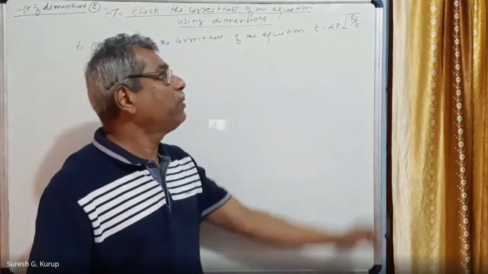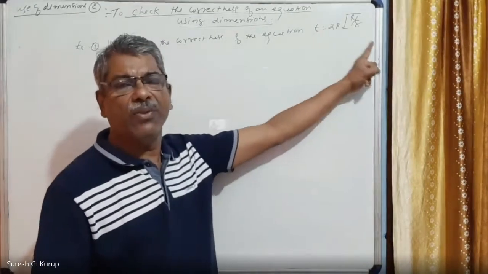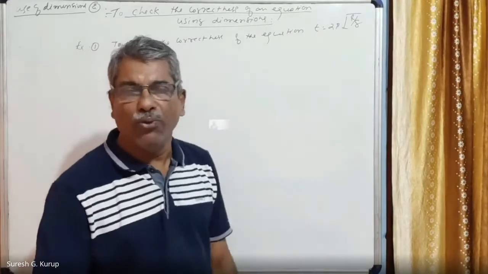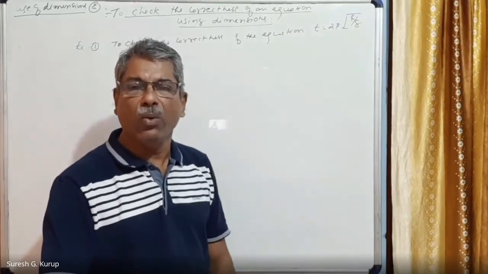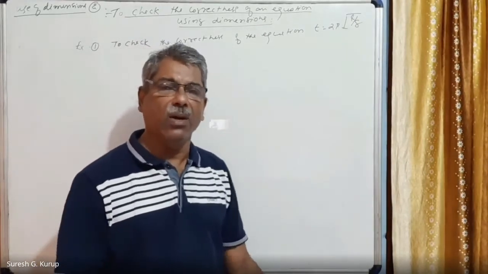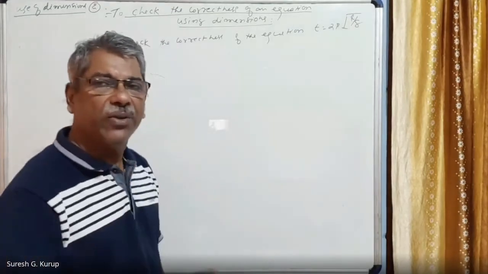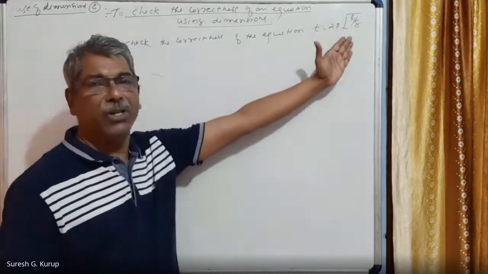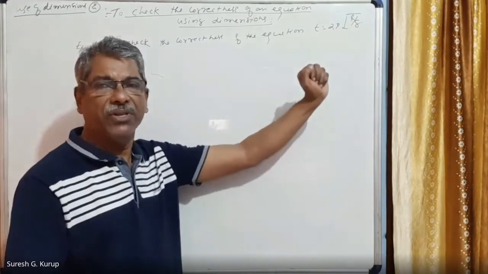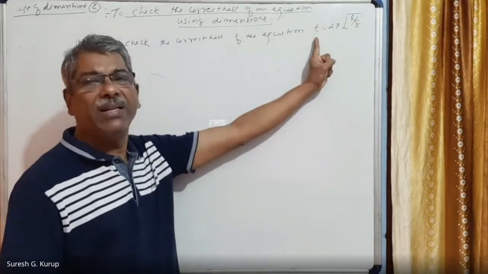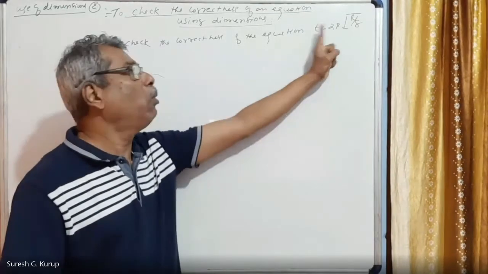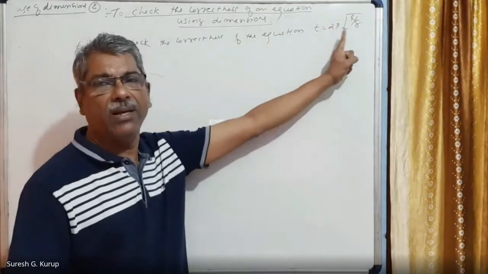Now we have to check the correctness of this equation, T is equal to 2 pi root of L by g. To check the correctness of an equation, you have to write the dimensions of both sides, LHS and RHS.